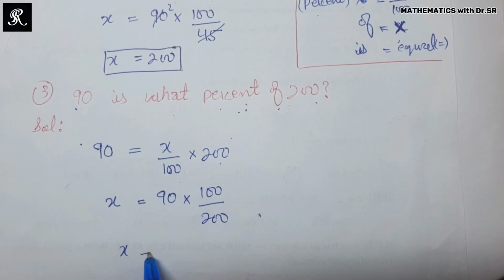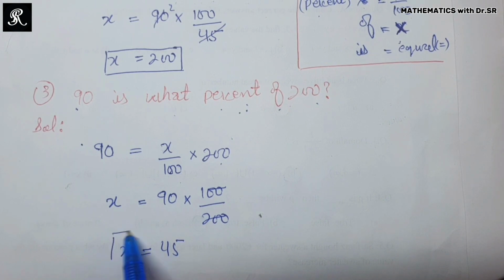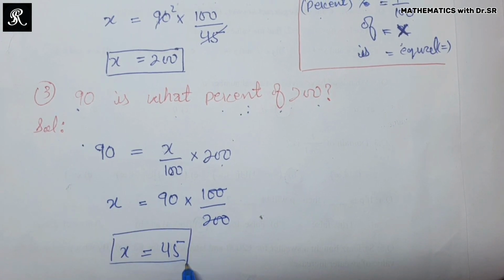Now we are left with x equal to 45 after simplification. So this would be the solution to that problem.